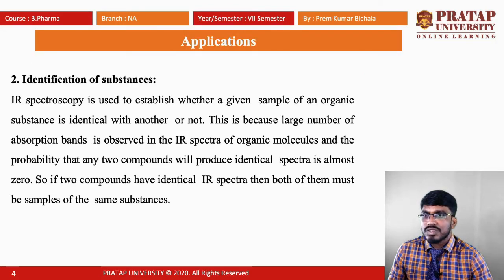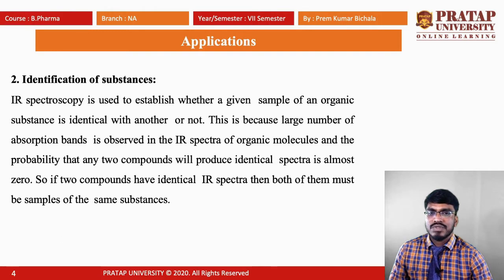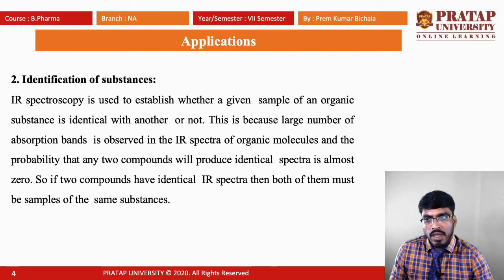The second application is the identification of substances. IR spectroscopy is used to establish whether a given sample of an organic substance is identical with another or not. This is because a large number of absorption bands is observed in the IR spectra of organic molecules, and the probability that any two compounds will produce identical spectra is almost zero.